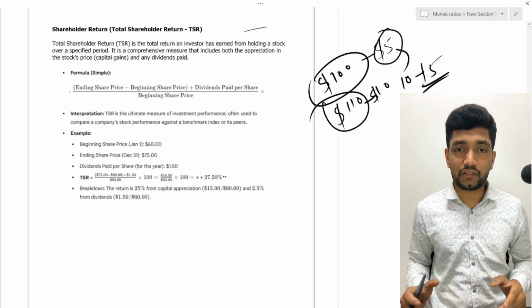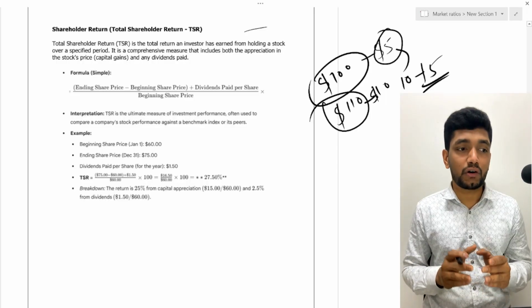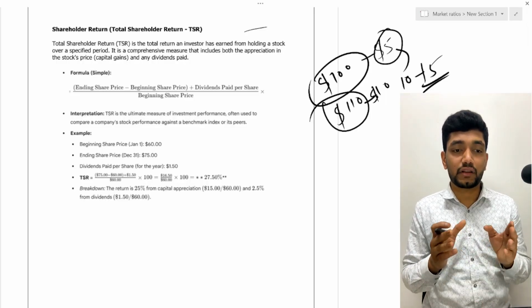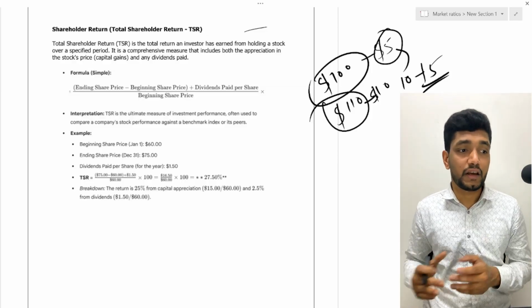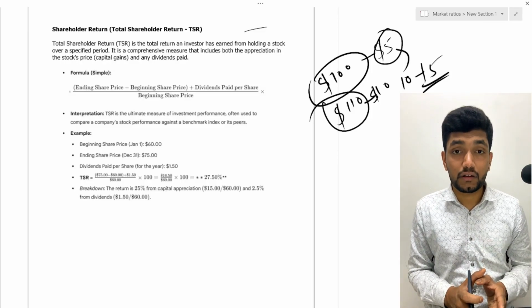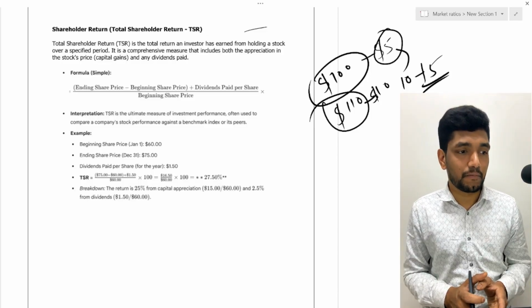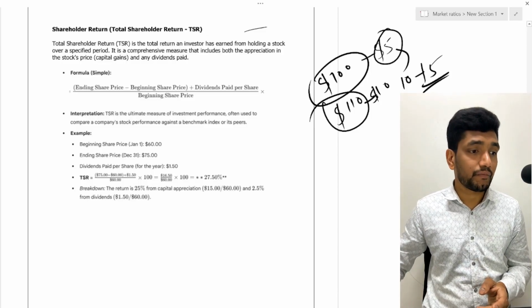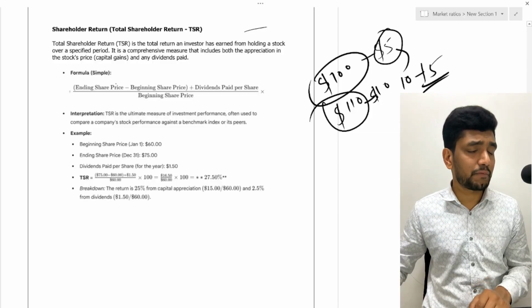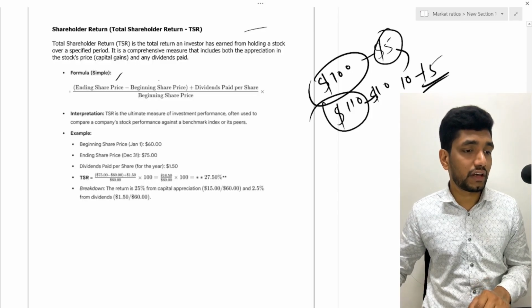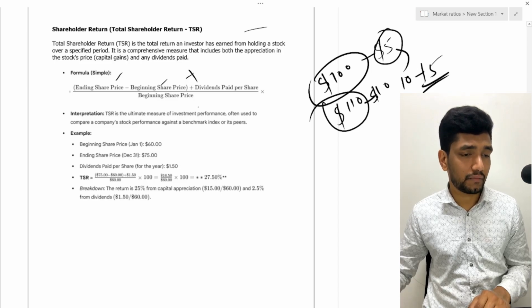So if we are calculating the total shareholders return, we have to consider these two: the dividend and the capital appreciation. The formula is ending share price minus beginning share price, plus dividend per share, divided by beginning share price.